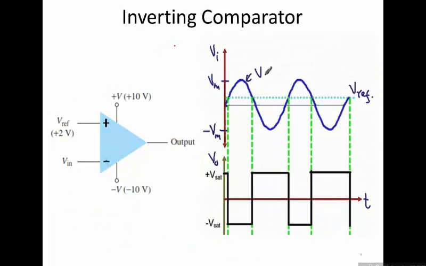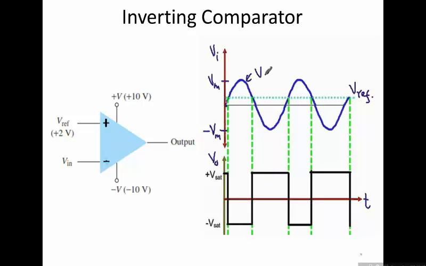Next is the inverting comparator, in which the input is applied at the inverting terminal, and here we are again applying a sinusoidal input, and this sinusoidal signal is compared with the reference level of plus 2 volts that is indicated here.